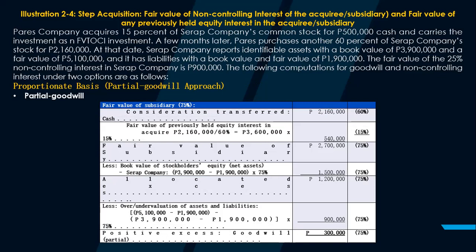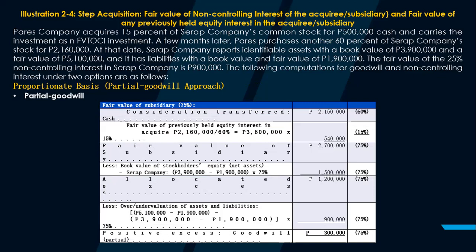So that will now give us 540,000. The fair value of the subsidiary is 2,700,000 for 75%.